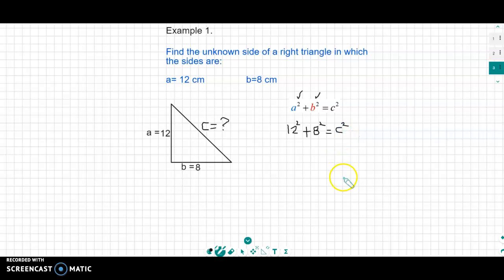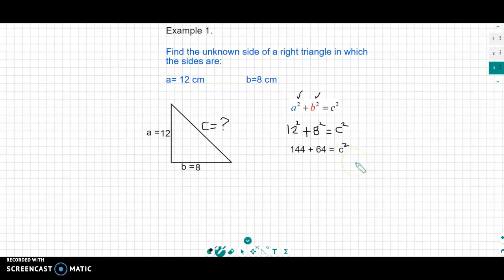Here we can use the calculator to find these powers. 12 squared is 144. So here we have 144 plus 8 squared, which is 64, and it equals C squared.